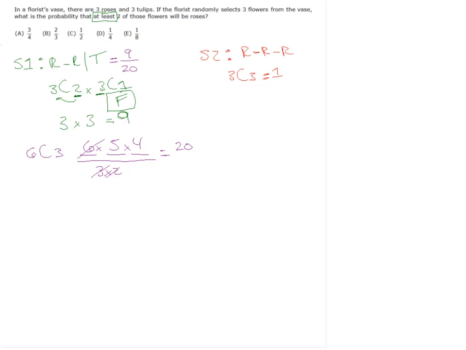Even better, we know the total outcomes hasn't changed, so the probability of scenario 2 is 1 over 20. So we have 9 over 20 plus 1 over 20 is 10 over 20, and that's reduced down to 1/2.